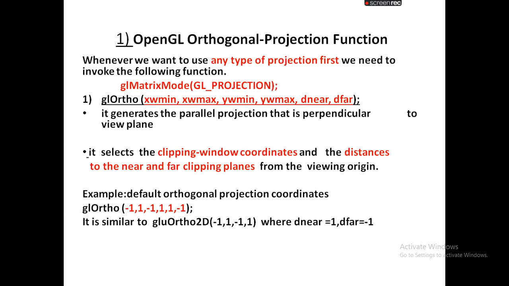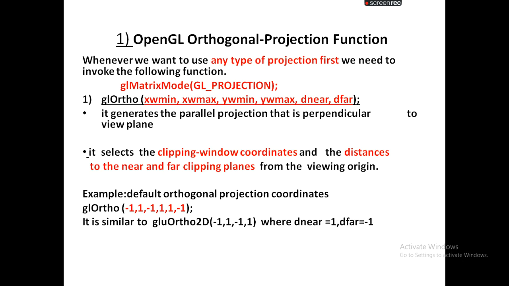Now I would like to discuss the next topic, and this topic is very important with respect to whatever theory I have covered till now. The topic name is OpenGL orthogonal projection functions. Now it is time to discuss what functions OpenGL supports with respect to three-dimensional viewing.